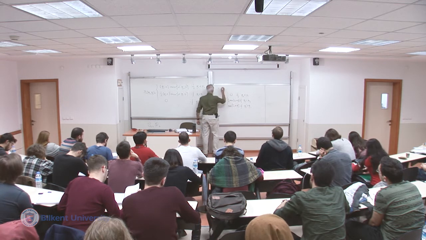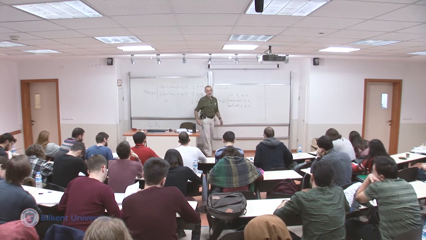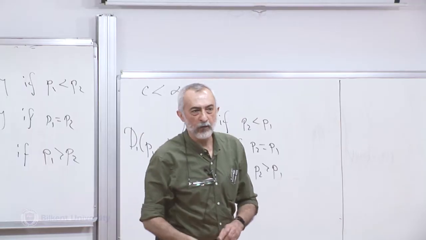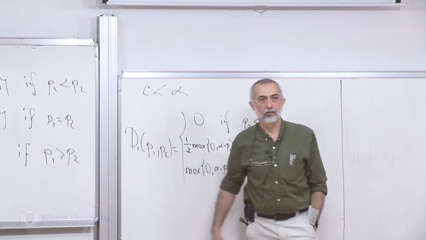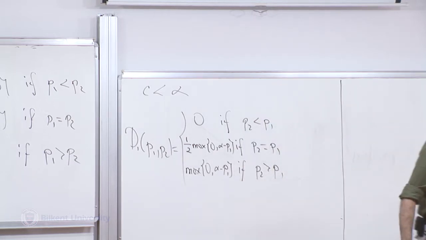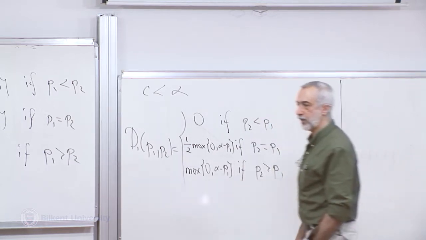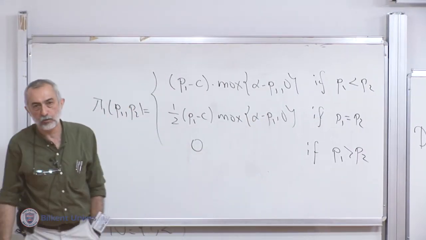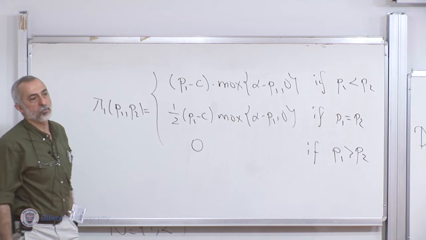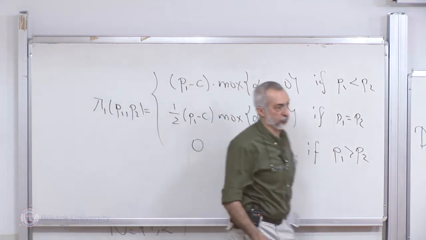C is less than alpha, just like the Cournot duopoly. So everything is the same as the Cournot model, except rather than setting quantities and selling at the market clearing price, they decide on the prices and they produce and sell what is demanded from them.